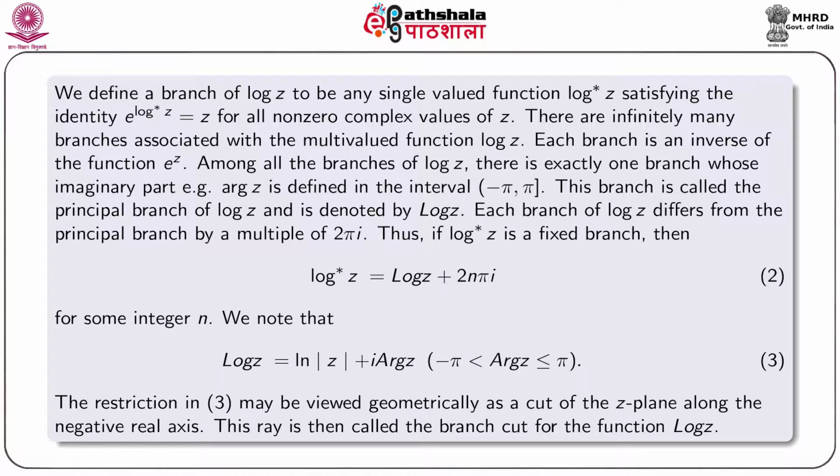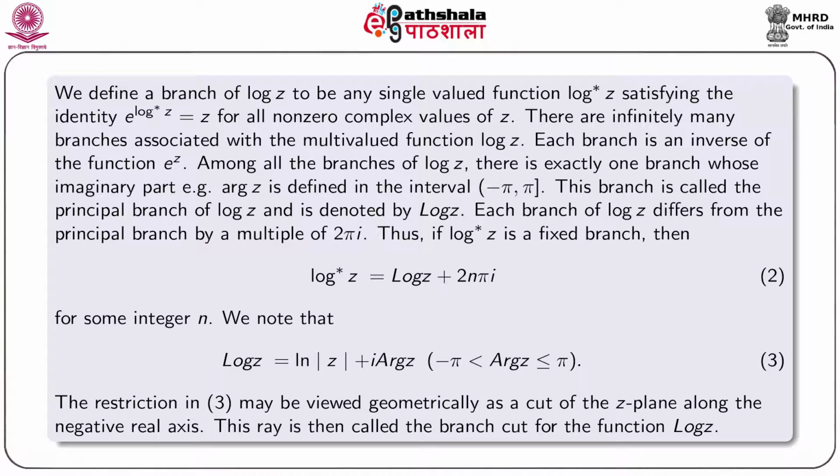Each branch of log z differs from the principal branch by a multiple of 2 pi i. Therefore, if log star z is a fixed branch, then we have log star z equal to capital Log z plus 2n pi i for some integer n.